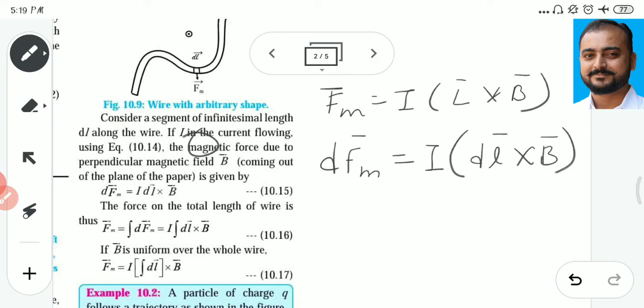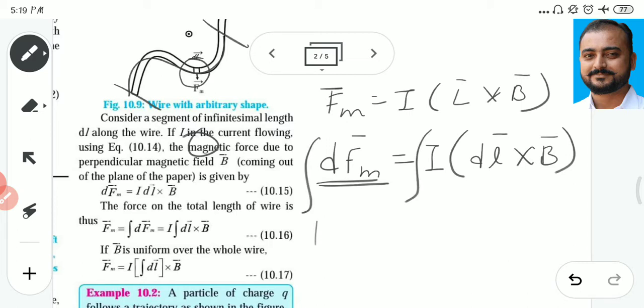Then this is only due to the small piece of wire, so I have to calculate for the whole wire. To calculate the magnetic force acting on a wire due to the magnetic field, we can make an integration of both sides.